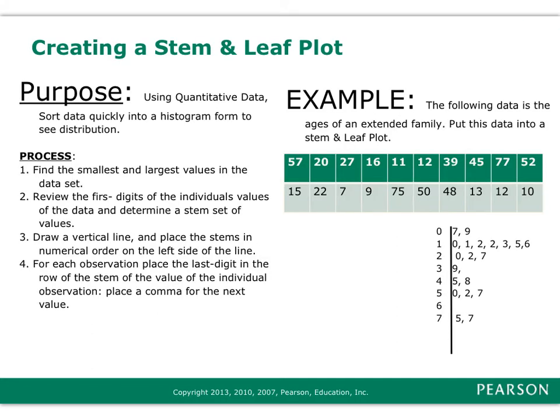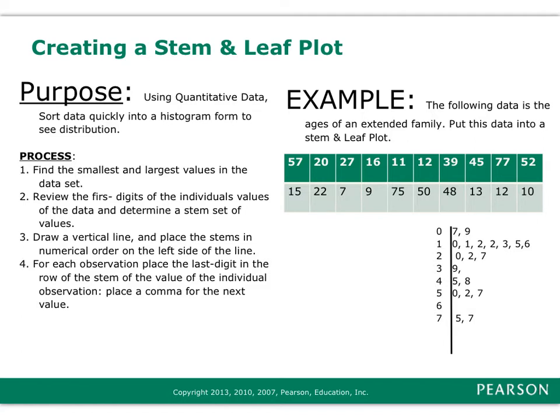So the purpose of a stem and leaf plot is when we use quantitative data to sort data quickly into a histogram form to see the distribution. It is also used when we want to do hand calculations for finding median and quartiles.